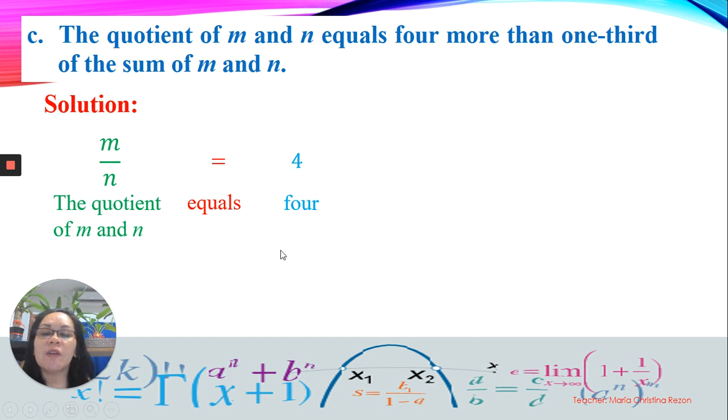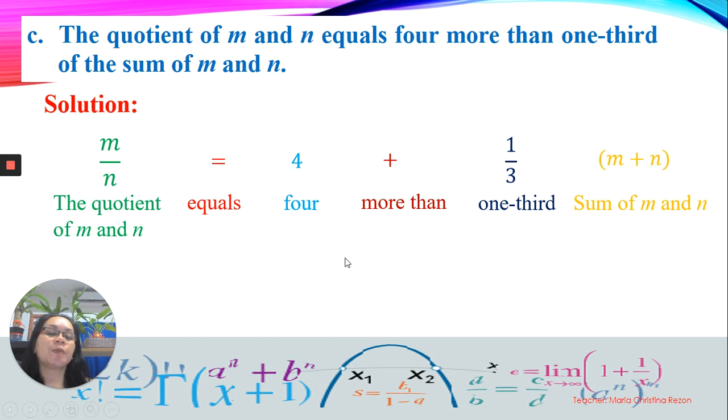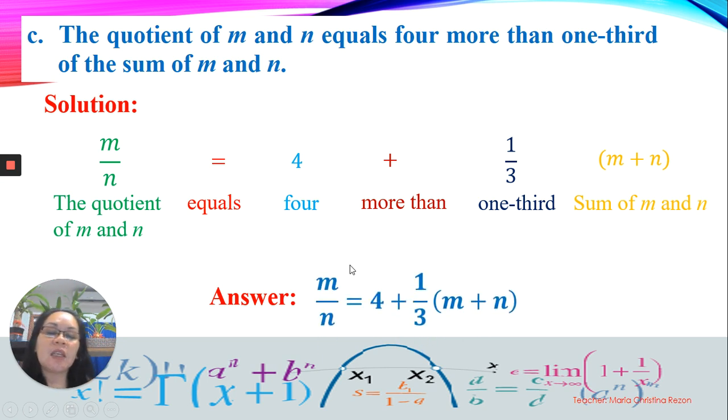When you say more, you are adding, and then 1/3 the sum of m and n. So our answer would be m over n is equal to 4 plus 1/3 the quantity of m plus n. Another example.